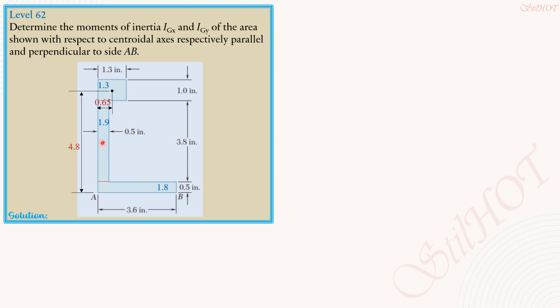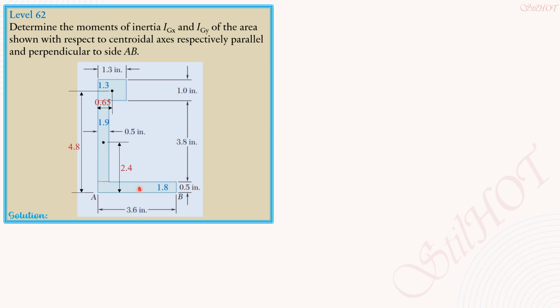For this area 2, the centroid, since this is 0.25, I will not show it anymore. We'll just show the vertical distance of the centroid of that area: 0.5 plus half of 3.8, 1.9, 1.9 plus 0.5, so 2.4.